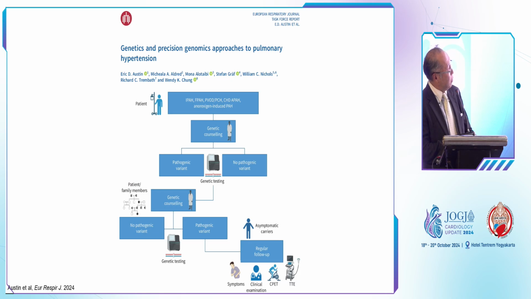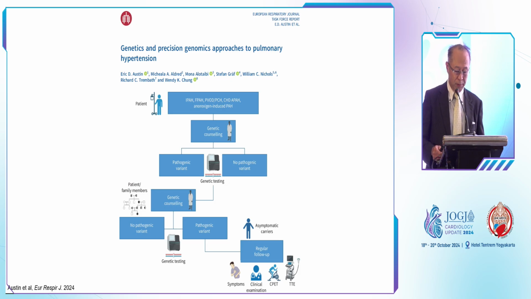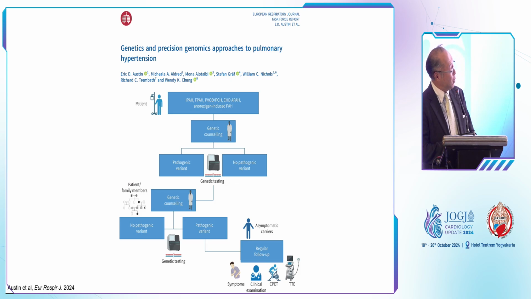They recommend that patients should be checked for genetic mutations after genetic counseling, so they may or may not have a pathogenic variant.